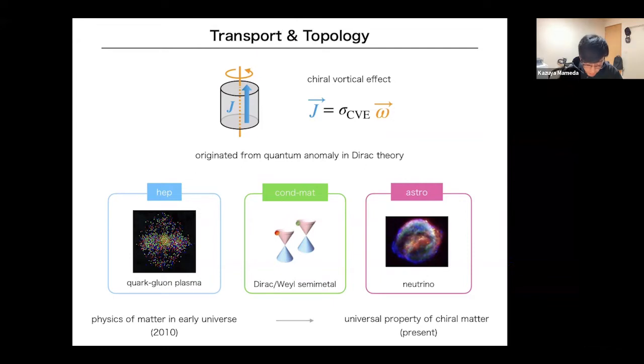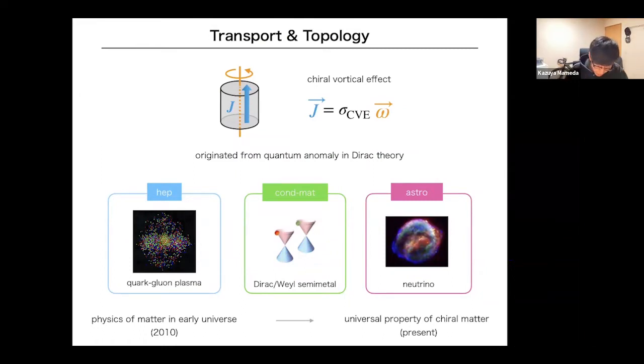However, due to the quantum anomaly in Dirac theory, such an unusual current is generated. And here, this transport coefficient can be completely determined by the theory, in particular by the anomaly in the theory.